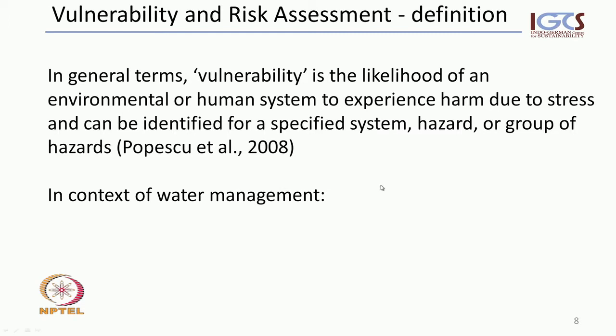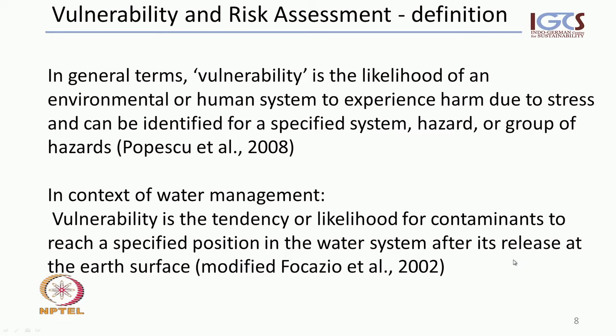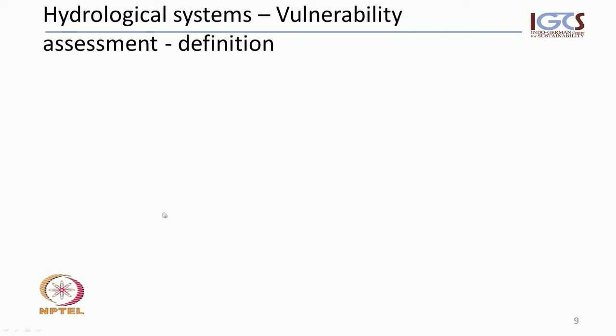Now, in the context of water management, vulnerability is the tendency or likelihood for contaminants to reach a specified position in the water system after their release at the Earth's surface. This is applicable to surface systems, but also to groundwater systems, and this is what we identify and assess by these vulnerability assessments.